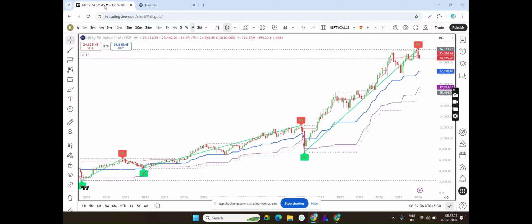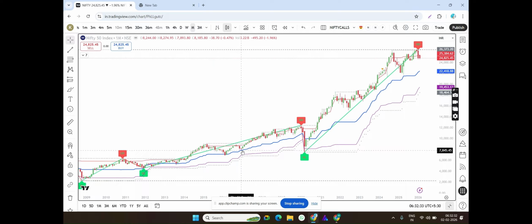So this is the monthly chart, and you can see the run from 2009 on the left bottom of the chart. So from 2009 we can see the index taking support on the trend defining line here in December 11. Then again we took support in September 13. Then we took support here.